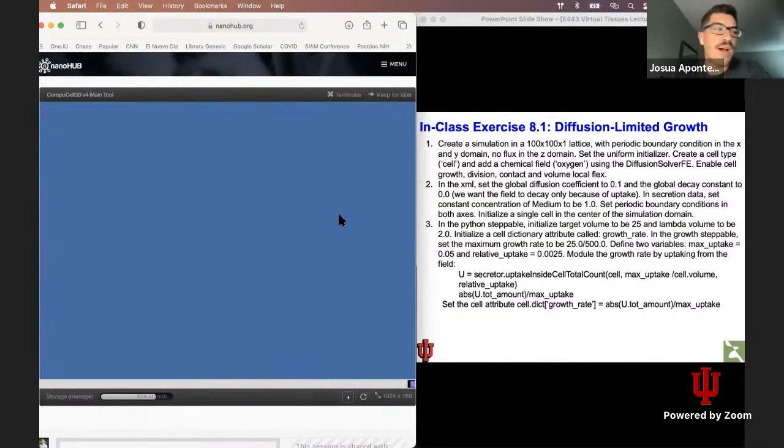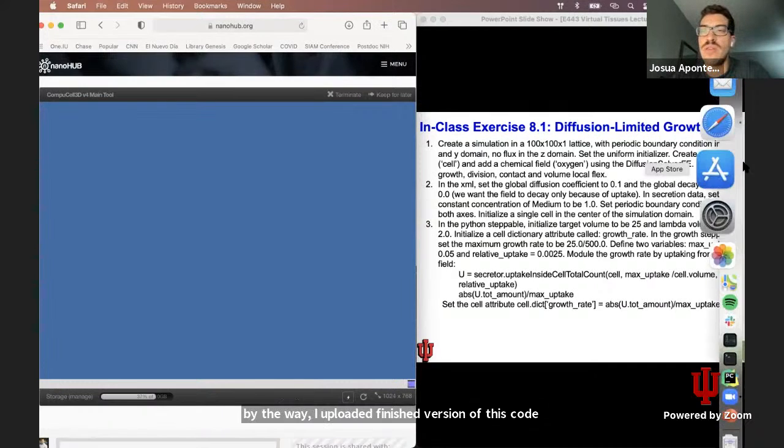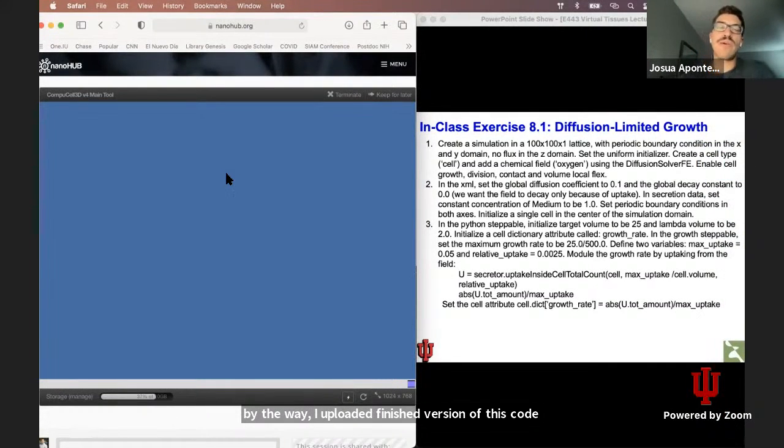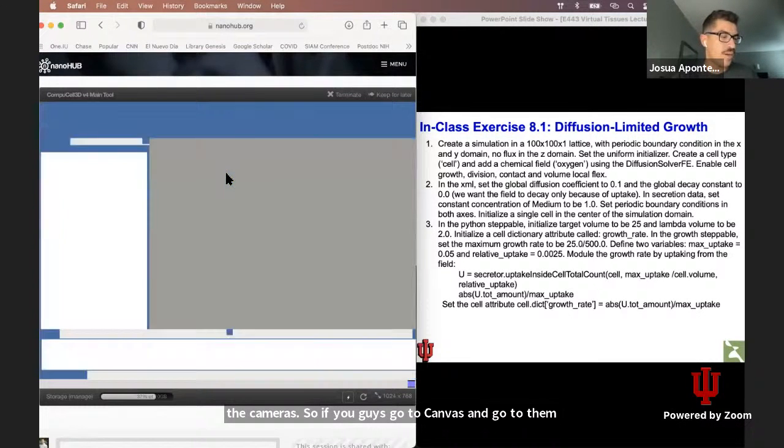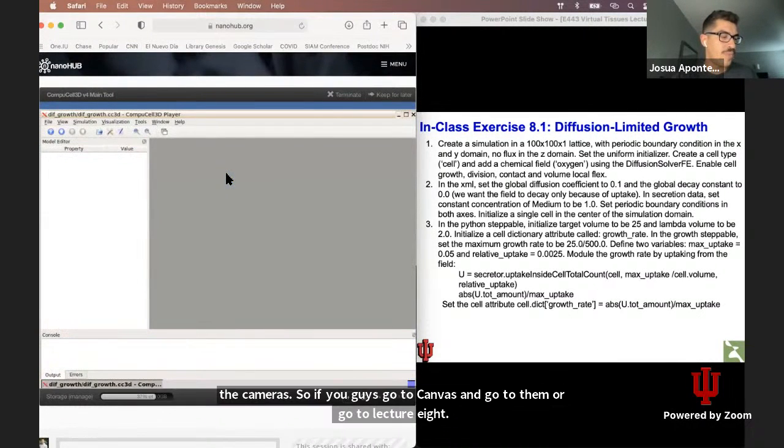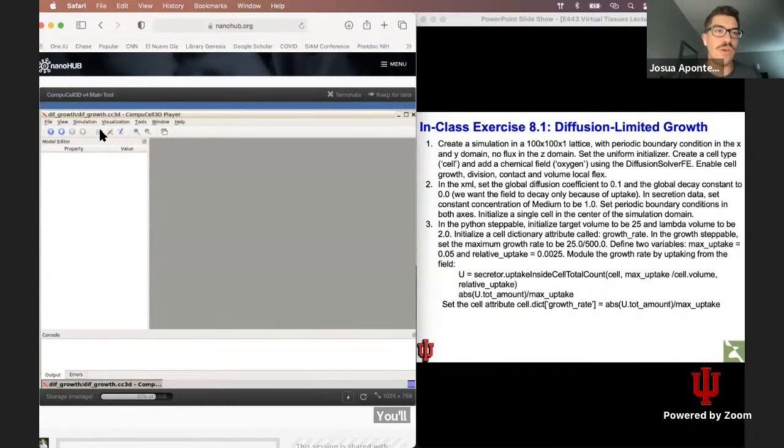By the way, I uploaded a finished version of this code in the Canvas. So if you go to Canvas and go to demos and go to lecture 8, you'll find a version of this code that is actually running.